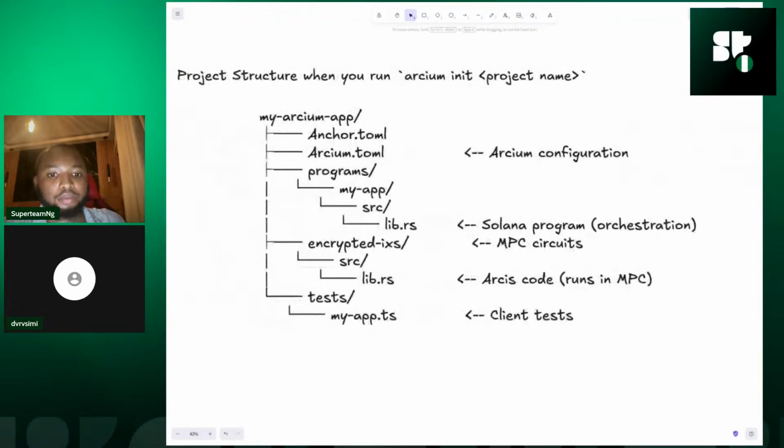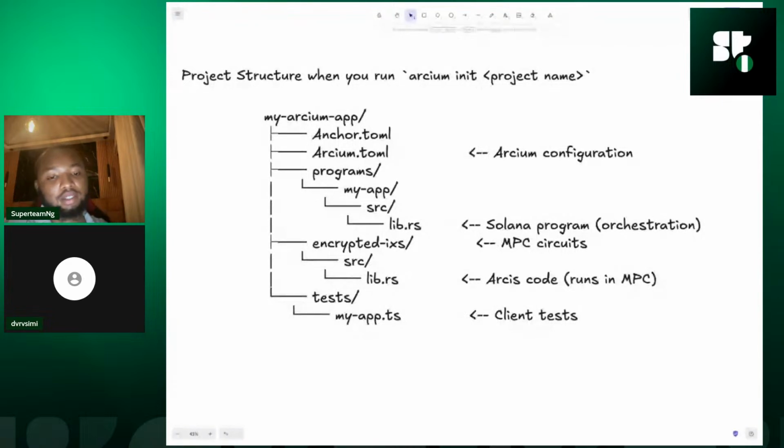So the Solana program goes to the main my app. If I'm right, the definition side of the whole compute cycle is actually in the encrypted folder. Yes. So any instruction that you need for encryption goes into the encrypted instruction here.